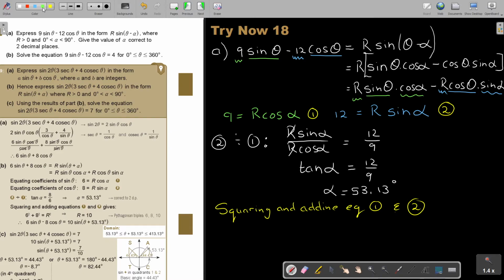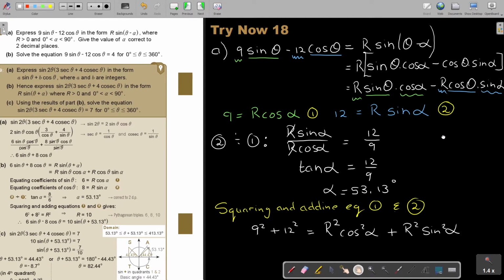Okay, so basically this is going to be then, can I just do it in white again? So it's 9 squared plus 12 squared is equal to R, I'll do it again longer, R squared cos squared alpha plus R squared sin squared alpha.